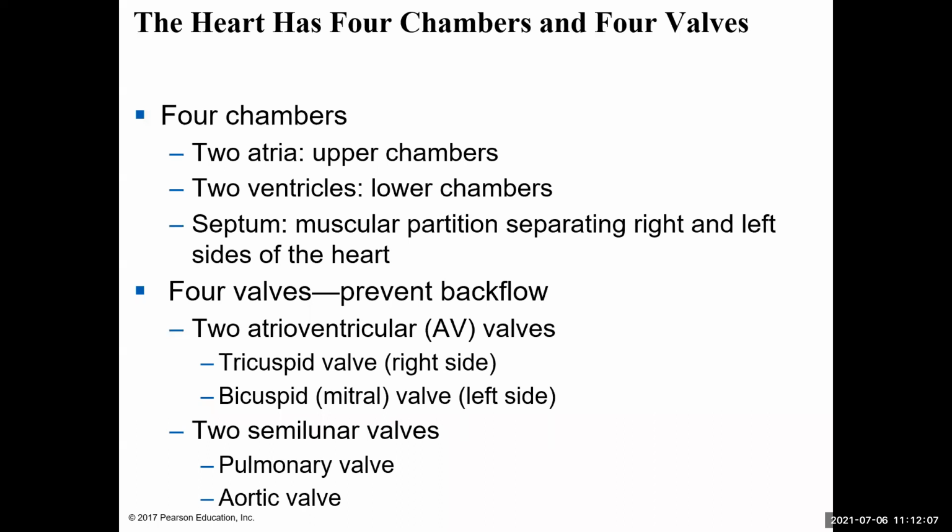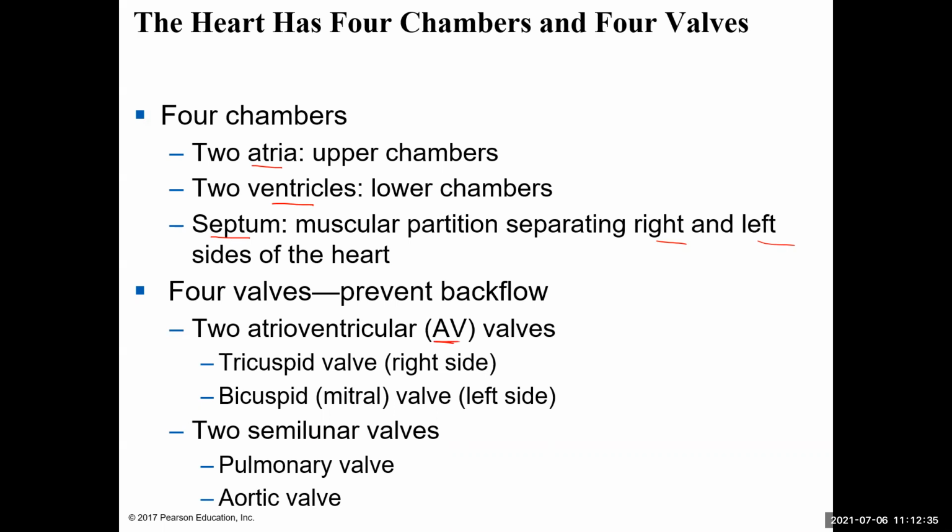Now, as we mentioned, the heart has 4 chambers, 2 atria and 2 ventricles, so right and left for each. It has a septum that separates the right and left sides of the heart. And then it has 4 different valves that help to prevent the backflow of blood. So when your blood is moving from the atria to the ventricles, you have the AV valves.